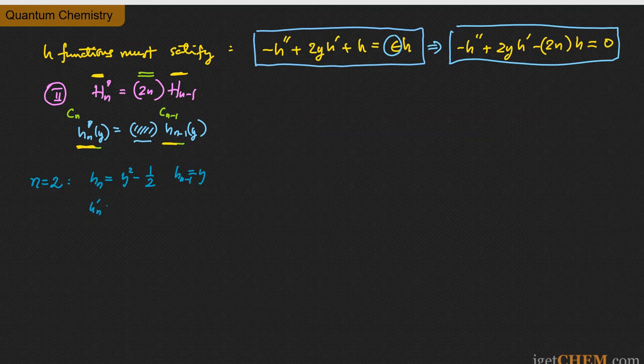Clearly you can see that the derivative is just 2y. So if I compare that against this equation, on the left side I have 2y. The question is, is that proportional to the right side, which is y?